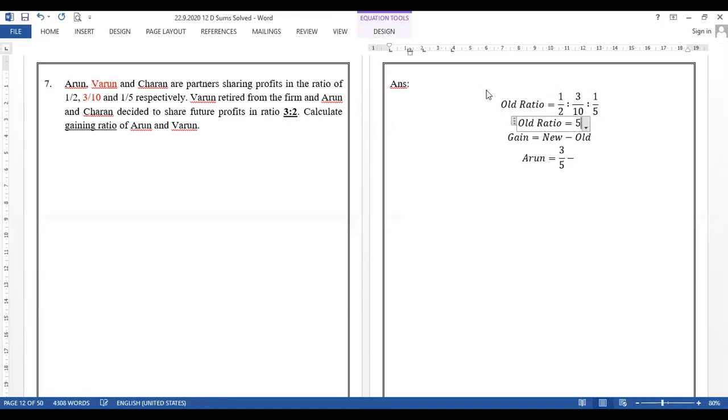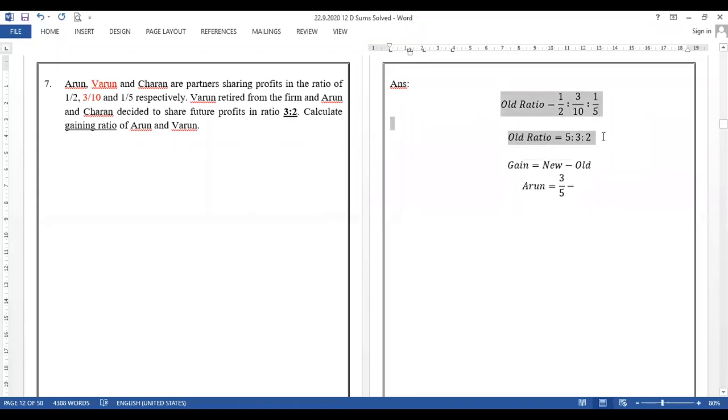So 2 multiplied by 5, 10 is already there, 5 into 2, right? So 5 ratio 3 ratio 2 is there as the old ratio, correct? Just equalizing the denominators to get the ratio in this particular format, 5:3:2.